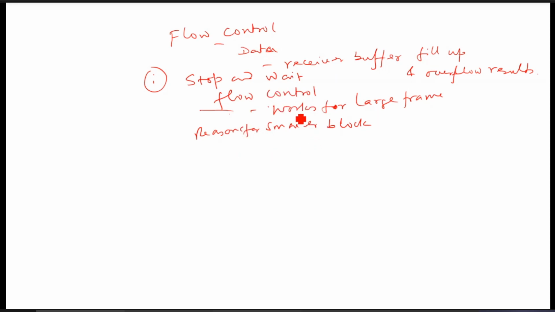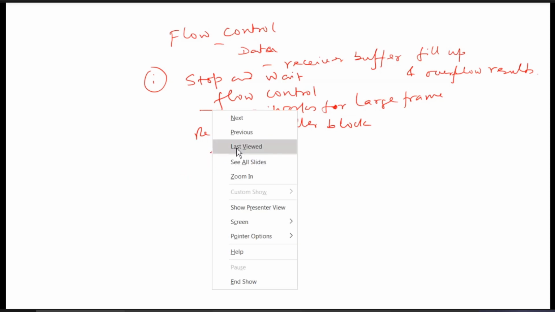Stop and wait flow control is not sufficient, it is inadequate in the case of smaller frames, but it works fine for larger frames. Now the question is why longer data frames are broken into smaller data frames. There are a few reasons.